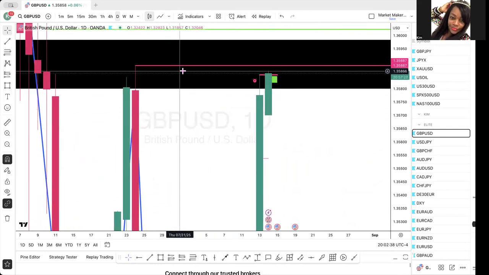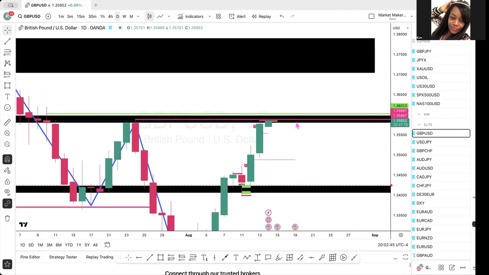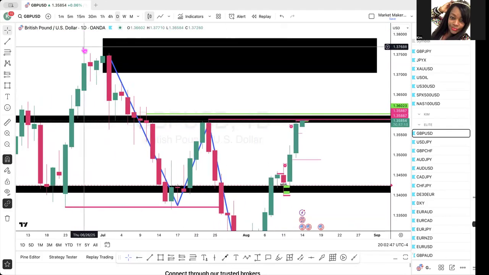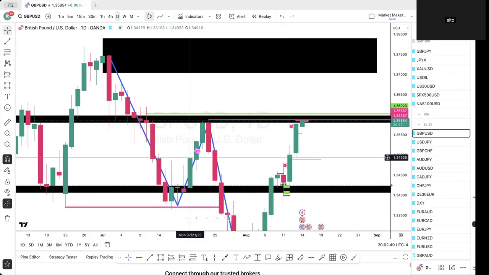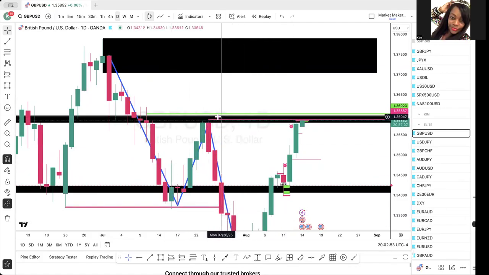And it may not tap it. If we're creating lower highs, high, pull back, lower high, maybe it'll wick it. I don't know, but technically it shouldn't.